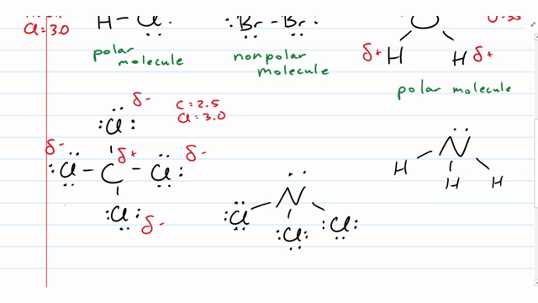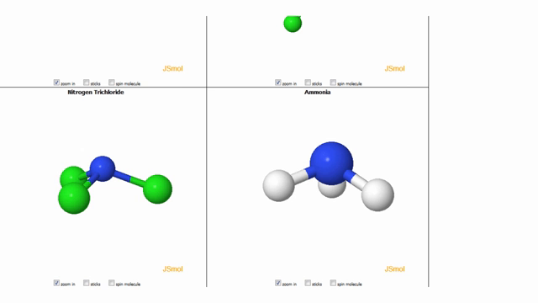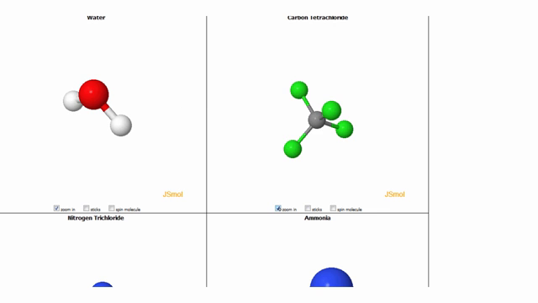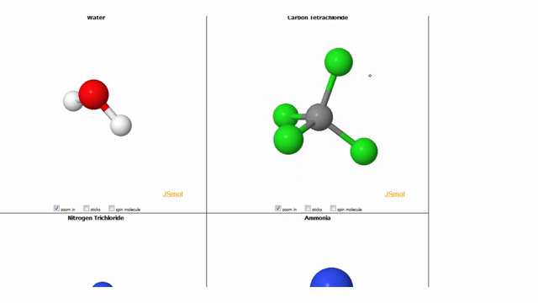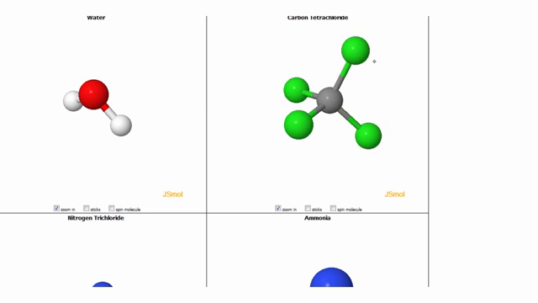Now, since we're drawing this in 2 dimensions, it might actually be easier to look at the 3-dimensional molecule for carbon tetrachloride. Let's zoom in on this right here. And now, let's try to find a way to get all of the chlorine atoms on one side and the carbon atom on the other.